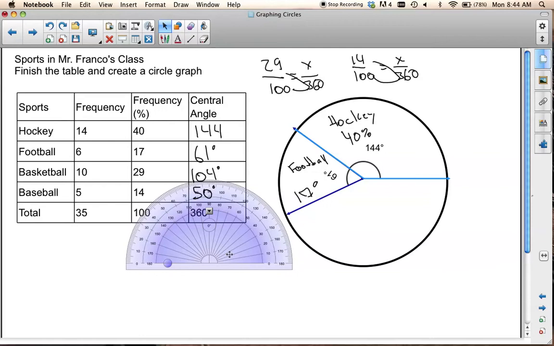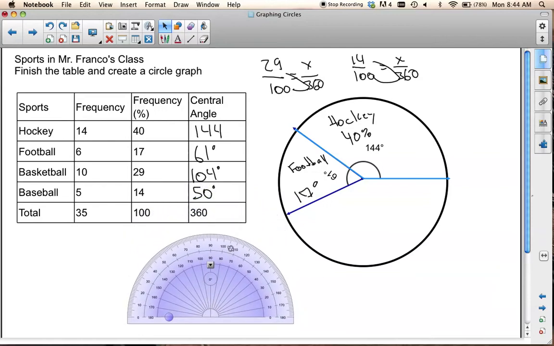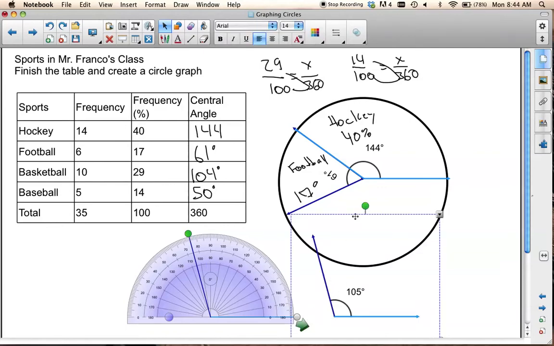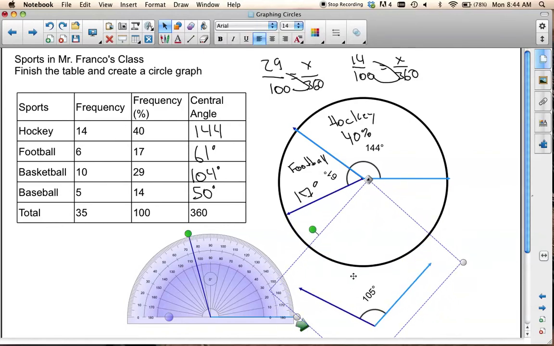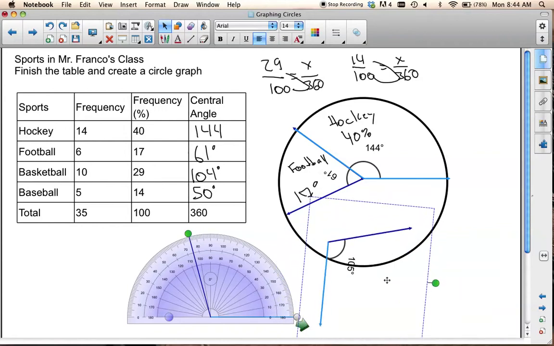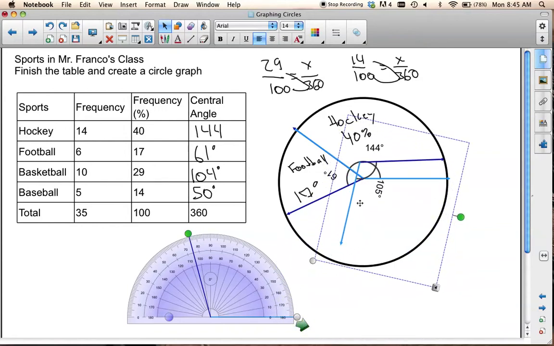So if I wanted to do next my basketball, be like, all right, well, take my protractor, get to 104 degrees, get my angle, try my best to rotate in this crazy software.